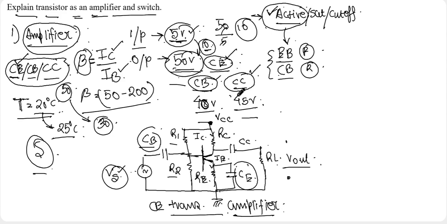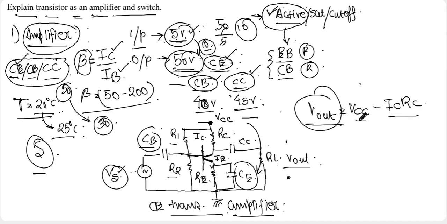But one thing we need to make sure in this is that this V output is the output voltage. If we apply KVL in this direction, this V output will give us VCC minus ICRC. Okay. V output is equal to VCC minus ICRC.